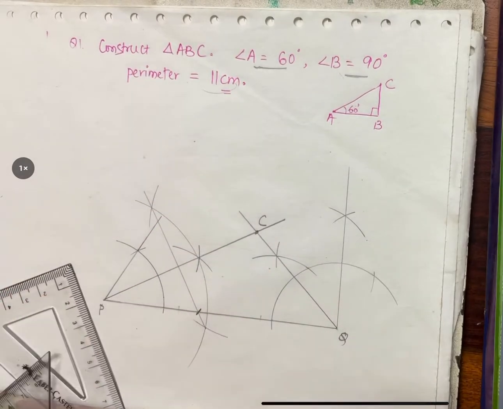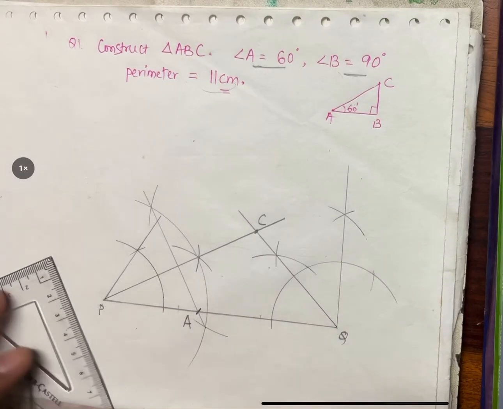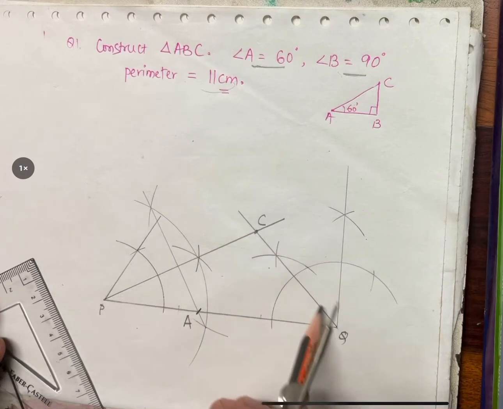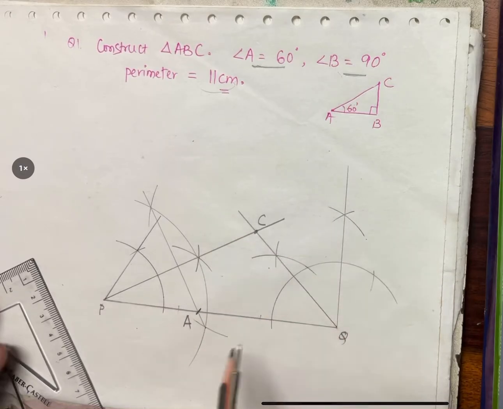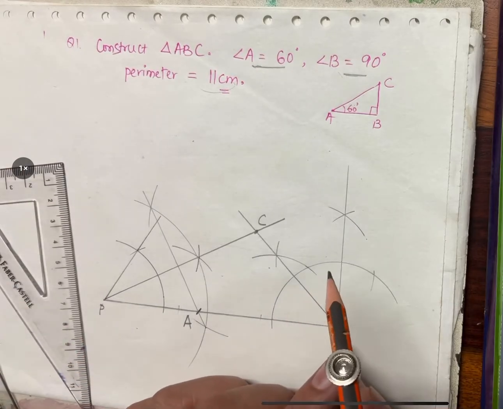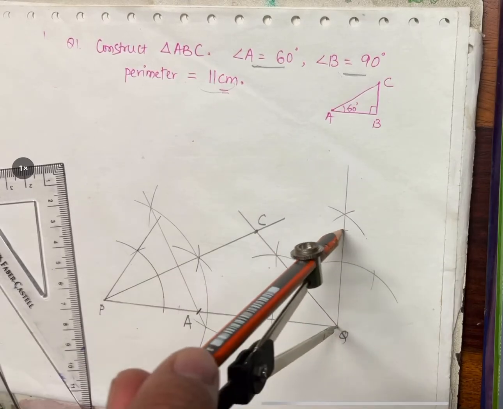It cuts it here. This particular spot is actually A. So which means that when I make the perpendicular bisector of CQ, I will be getting B. Let's try that. Keep the needle at Q and take a radius more than half, make an arc.